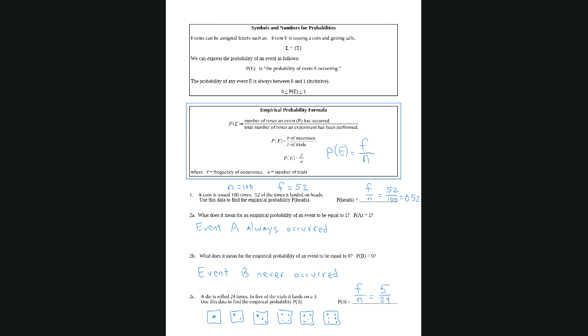In a future video, we'll actually calculate the theoretical probability of rolling a 3, which is somewhat close to 5 out of 24, but it's not exact. Not exactly the same. So let's get the decimal equivalent of that. It's 0.208. I'm rounding here. And later we can check it against the theoretical probability and see how similar they are.